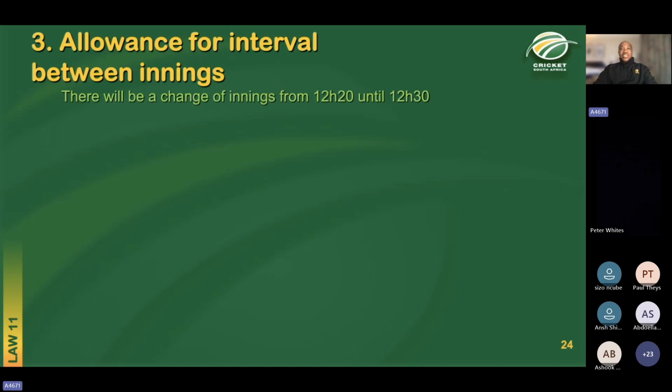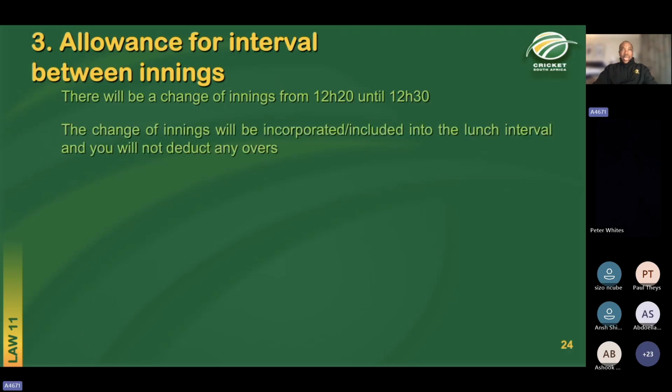So now our change of innings is incorporated into the lunch break because it runs from 12:20 until 12:30. Remember, our lunch break is supposed to end at 12:42. That is why the change of innings will be incorporated into the lunch break. And we will not have to deduct any overs from the full day's play. First ball after lunch will still be bowled at 12:42, now with side B batting.